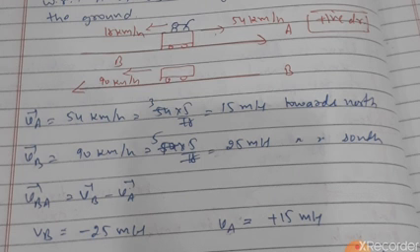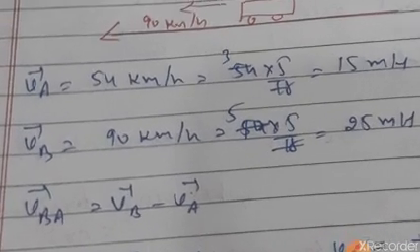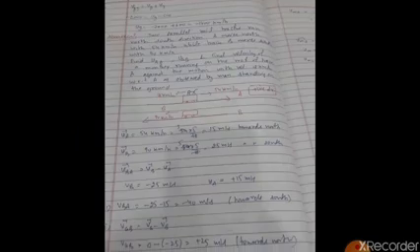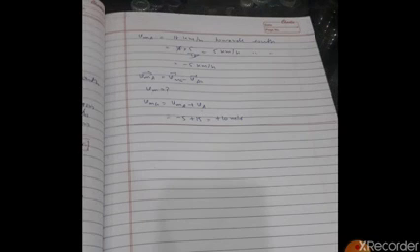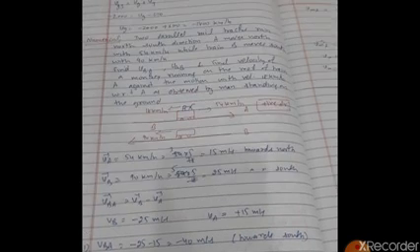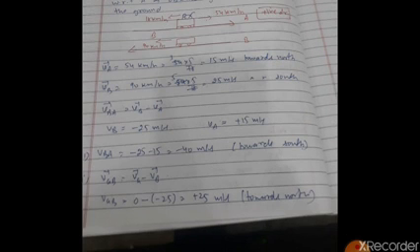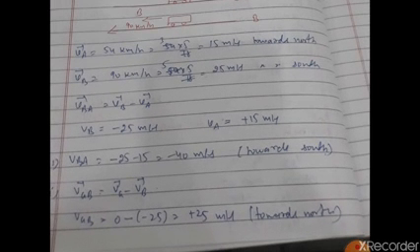So by putting the values of VB and VA in this equation, we will get minus 25 minus 15, minus 40 meter per second. And since velocity comes out to be negative, it means it acts towards the south.